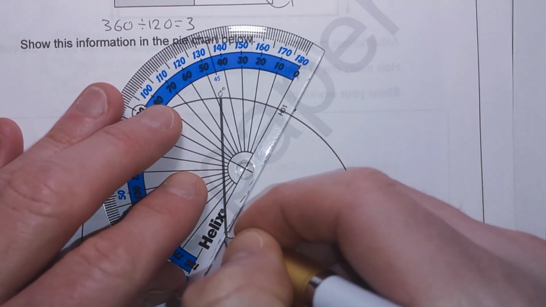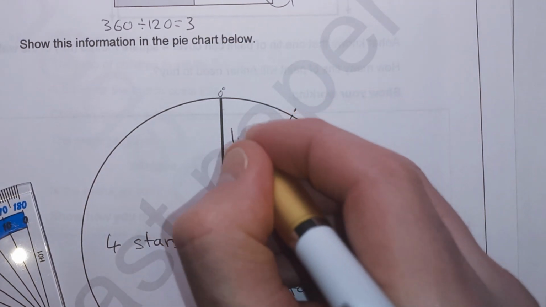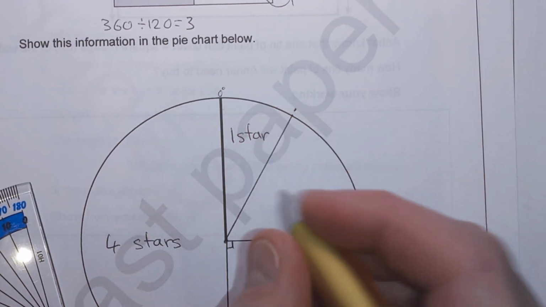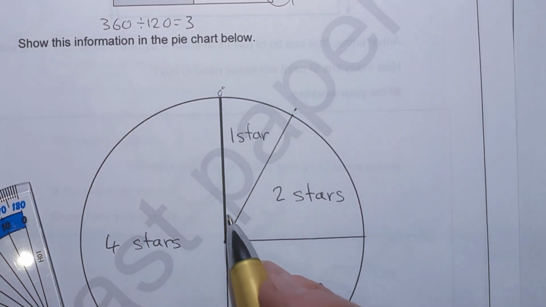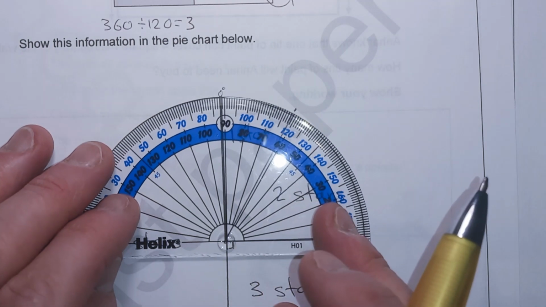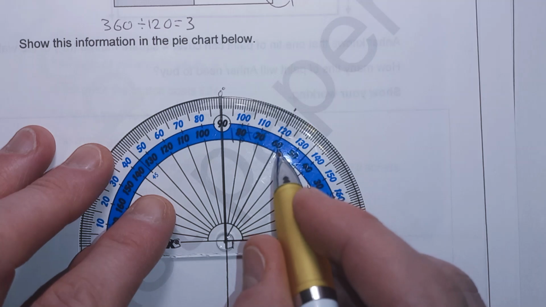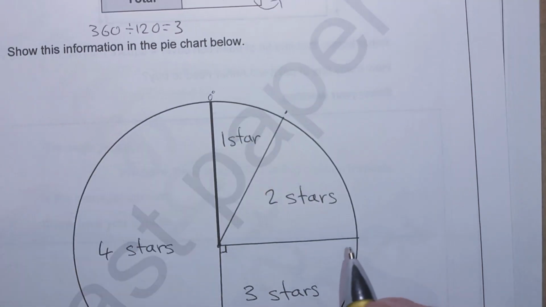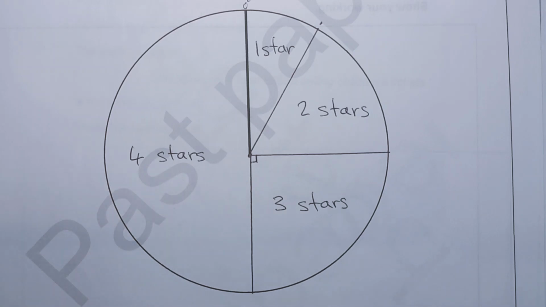So I want a line from the centre out to here. So this is going to be my 1-star reviews. These are the 2 stars. And although I measured 30 degrees, I should, if I check this with the protractor, find that, yeah, this angle is 60 degrees. Basically, it's whatever's left. So this all adds up to 360 degrees.